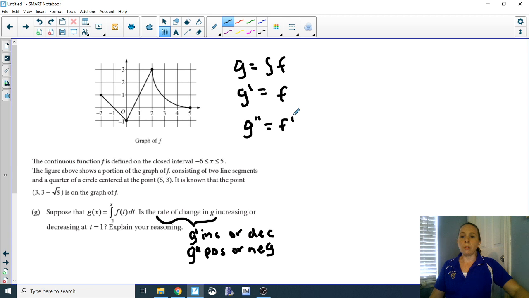Now keep in mind that we're looking at the graph of f, so we want to have everything in terms of f here, and so I go up to my little key of information and change G double prime to f prime because I have an equation right here that tells me those are the same thing. So is f prime positive or negative? If you can answer that question, which you can do very easily, then you have answered what part G is asking you for. Now keep in mind we're specifically looking at t equals 1.